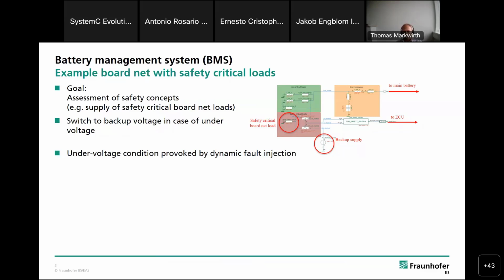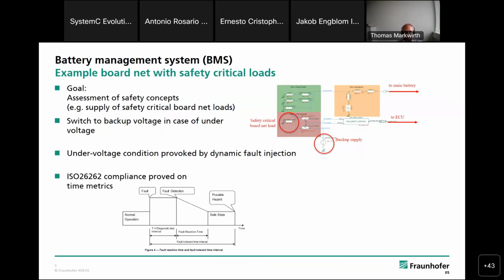Now the dynamic fault injection approach is used in order to provoke such an under voltage condition. Besides checking the pure functionality of a safety mechanism, which is detecting and reacting on this fault, we should also prove time metrics in order to be compliant with the automotive standard ISO 26262.